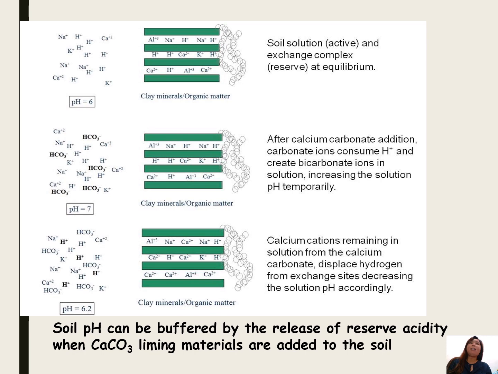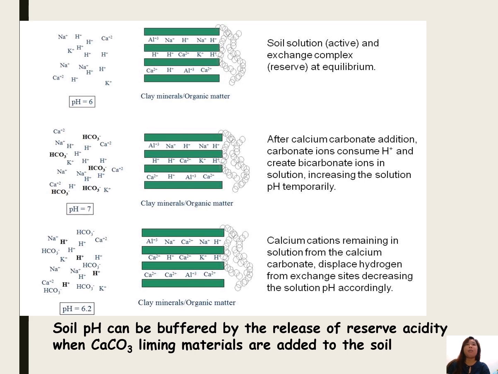Now, the active and the reserve acidity are at equilibrium in this stage. When you apply calcium carbonate, this is the HCO3 minus, the carbonate ions consume the H plus, or the hydrogen ions, and create bicarbonate ions in solution, increasing the solution pH temporarily because the hydrogen ion concentration decreases.